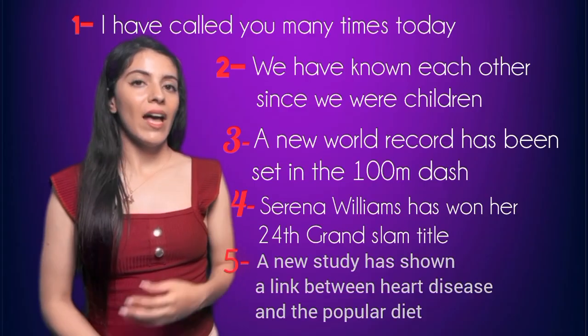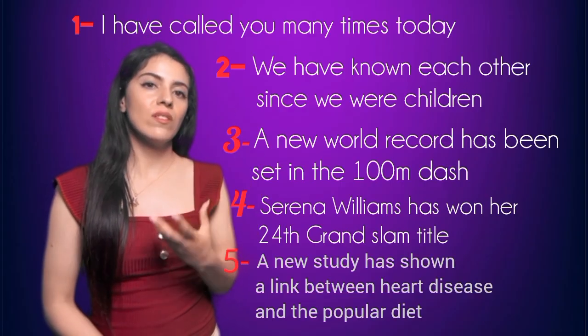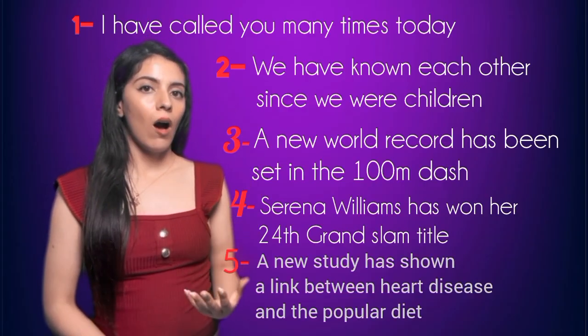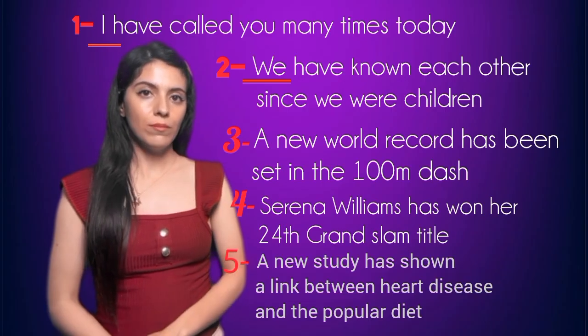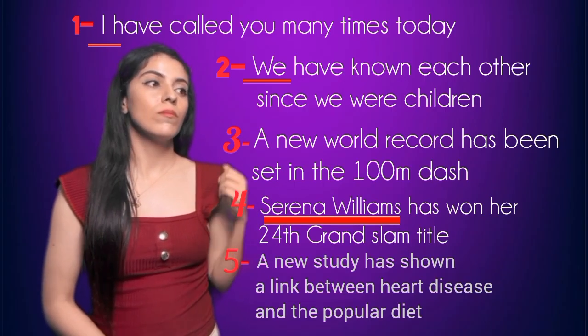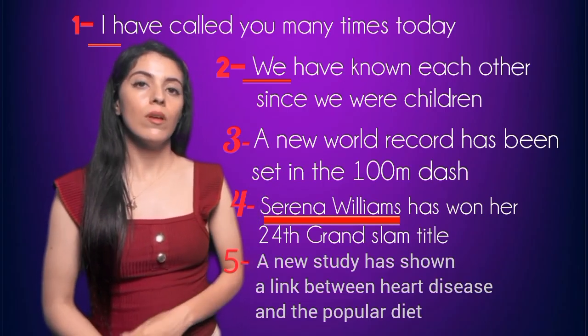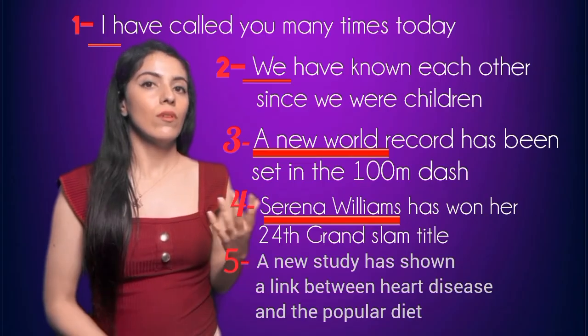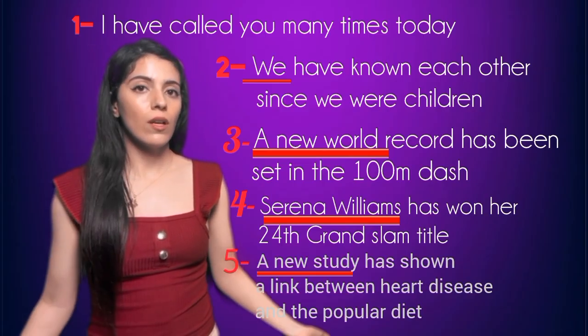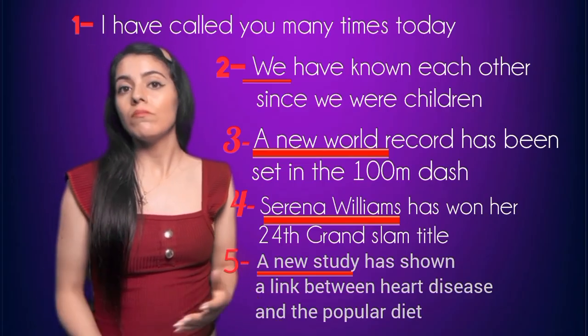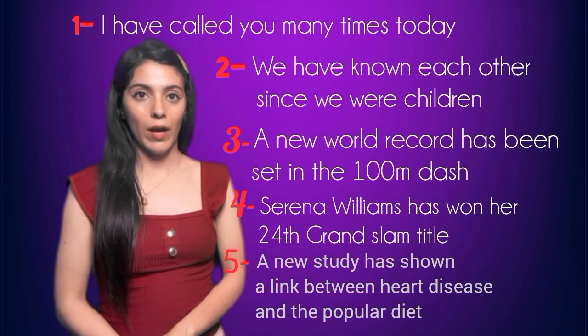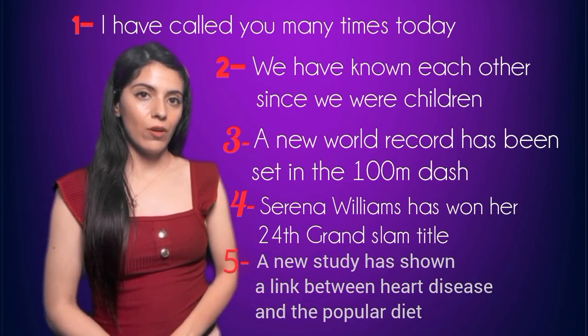As you notice, at the beginning of our sentences, we have the subjects: I, we, Serena Williams, which we can replace with she, a new world record, or it, and a new study, which can also be it, right? Then we have the helping verb.